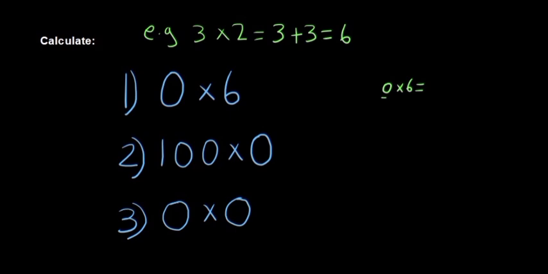So we're going to have 0 added to a 0 and etc. So clearly the answer is a 0. So that means 0 multiplied by a 6 is a 0.